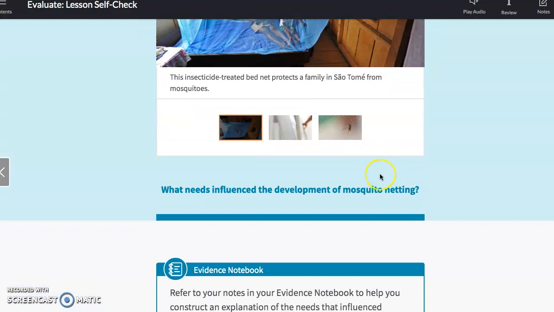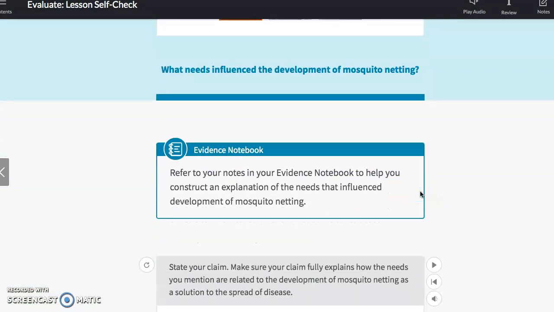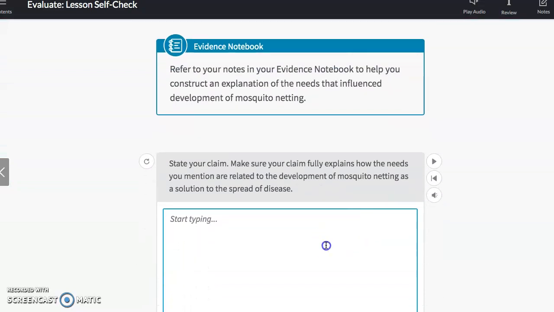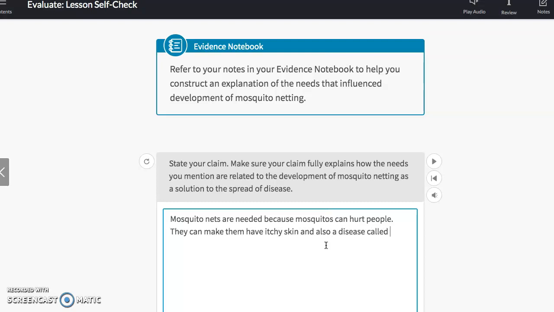What needs influence the development of the mosquito netting? So we have to state our claim. Why do they need mosquito nets, right? Mosquito nets are needed because mosquitoes can hurt people. They can make them have itchy skin and also a disease called malaria.